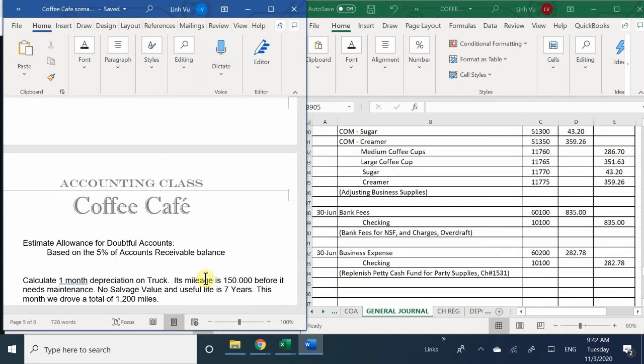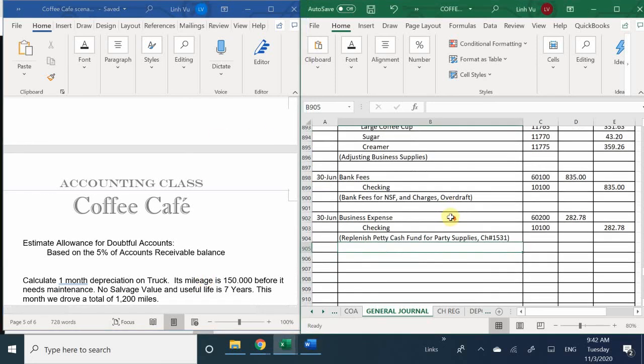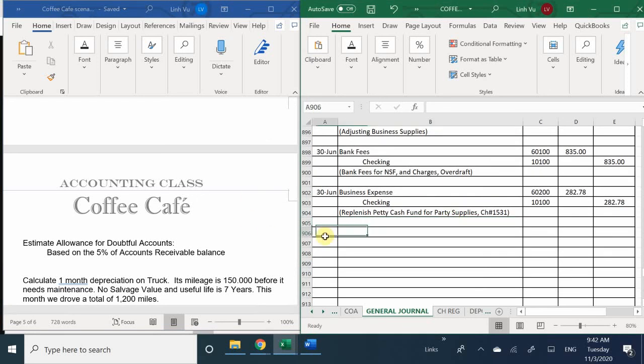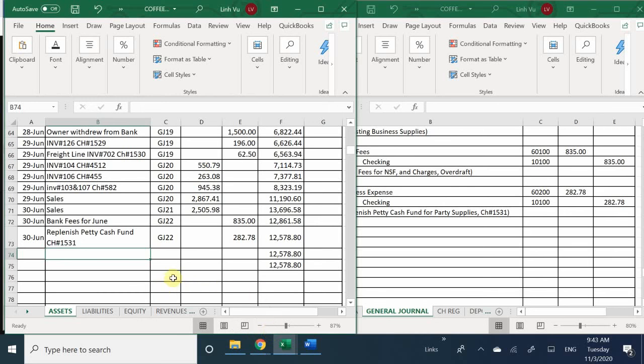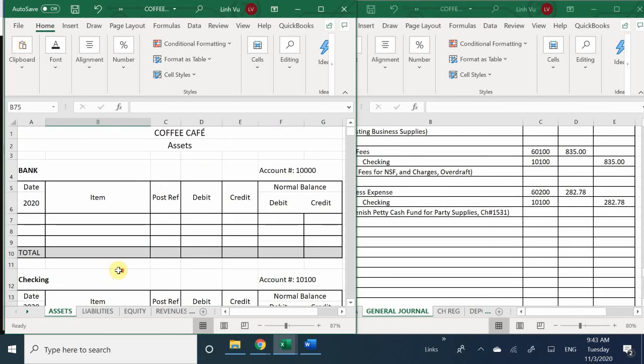Okay, so what does that mean? We go look at our accounts receivable ledger and see what the balance is, and then calculate 5% of that. Okay, all right.